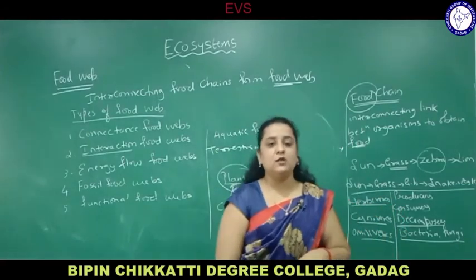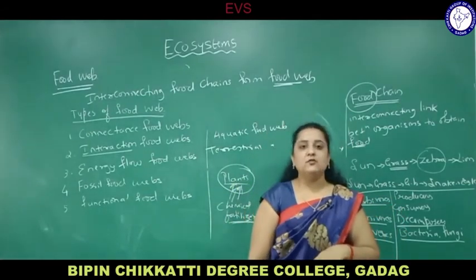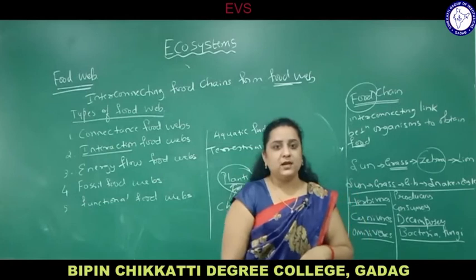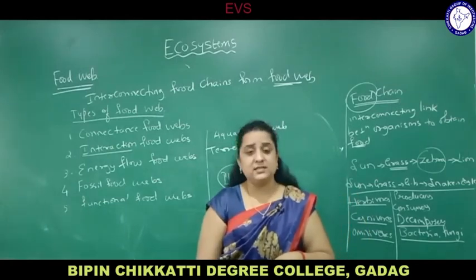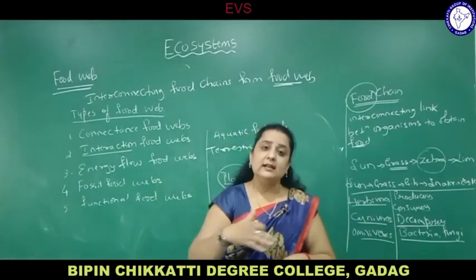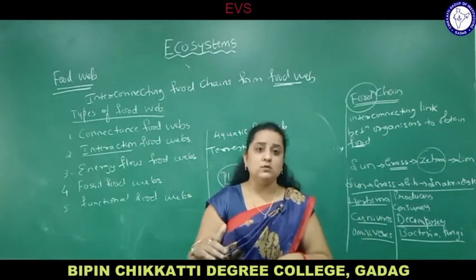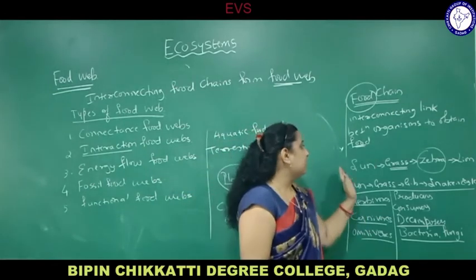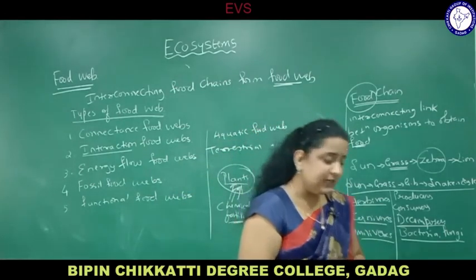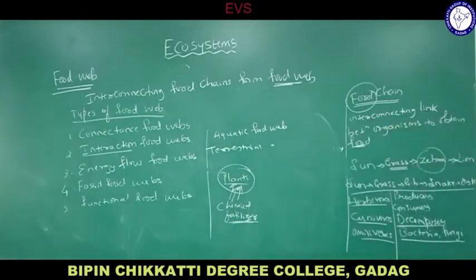Take the example of DDT, a very harmful chemical that is sprayed on the plants to get rid of insects or pests, but directly or indirectly it is entering our body also, and as it goes from one trophic level to another, the concentration of the DDT increases.